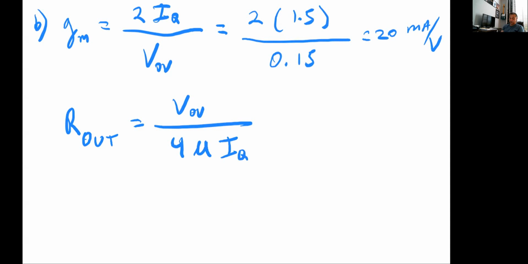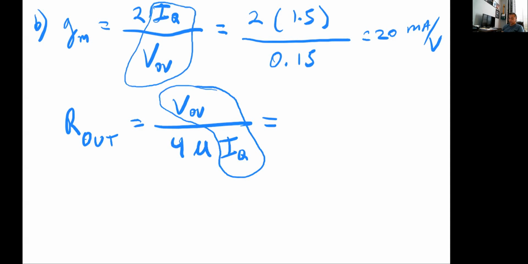But here we see that we have this ratio of V over drive over IQ, which is here.